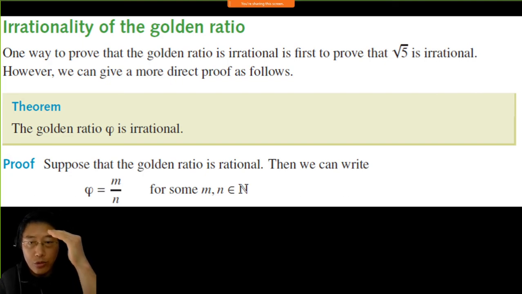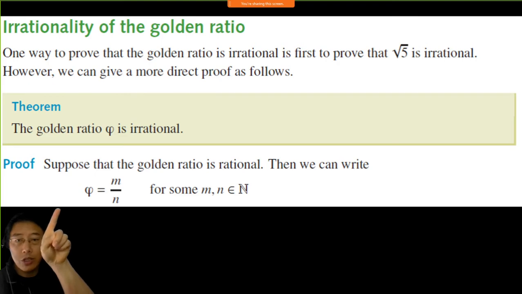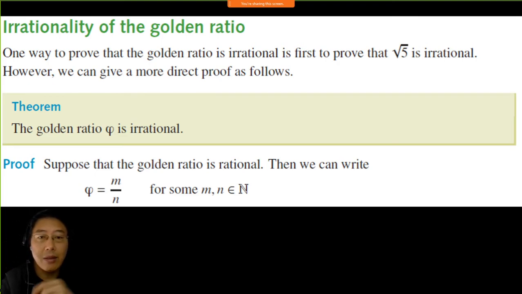You do your steps with your proofing, and you're going to come up with a contradiction or an error. And if you come up with an error, then you can go back to your original statement and say that what I assumed from the start is actually the opposite.